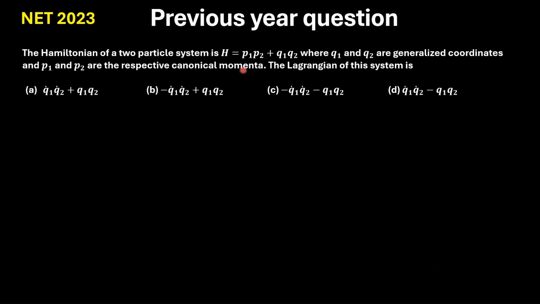So in this question, we are given the Hamiltonian and there are 2 generalized coordinates Q1 and Q2, and P1 and P2 are the respective canonical momenta. And we have to find the Lagrangian.